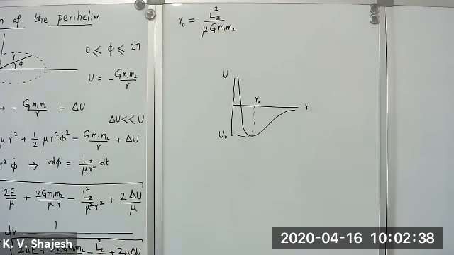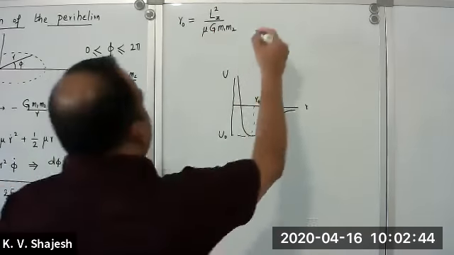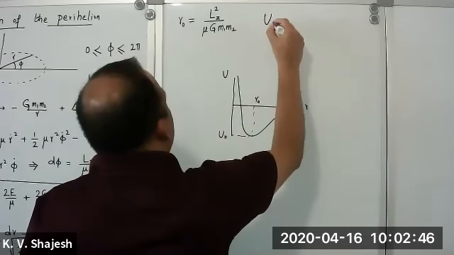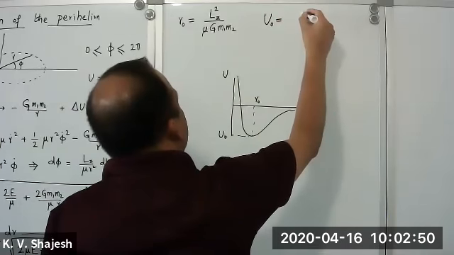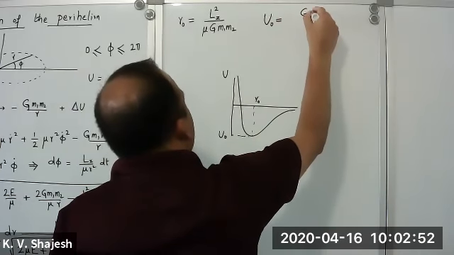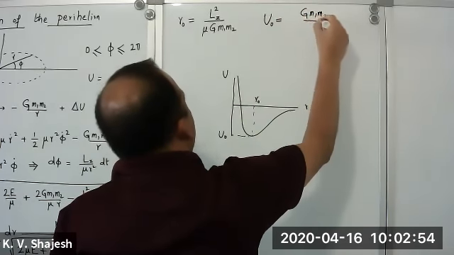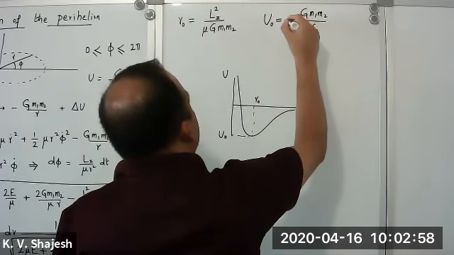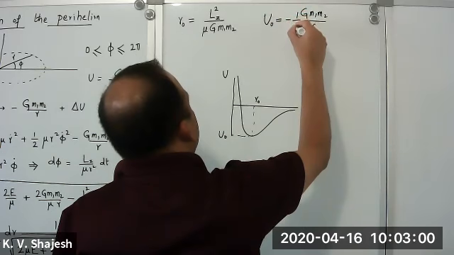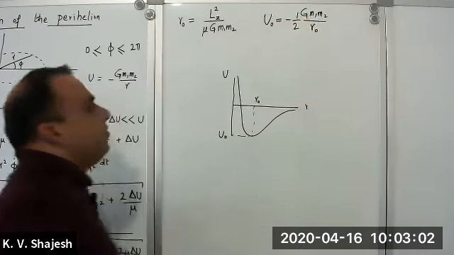Let me quickly check it. Yes, that's correct. And U naught was half of the potential energy at this point. So this is G M1 M2 over R naught, and it was exactly half of this.